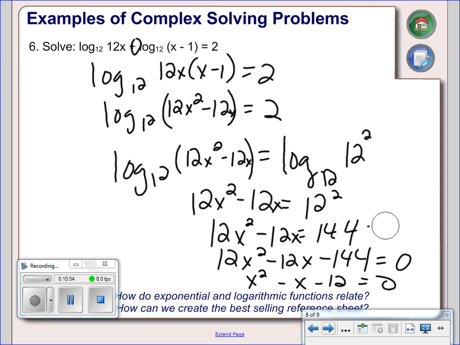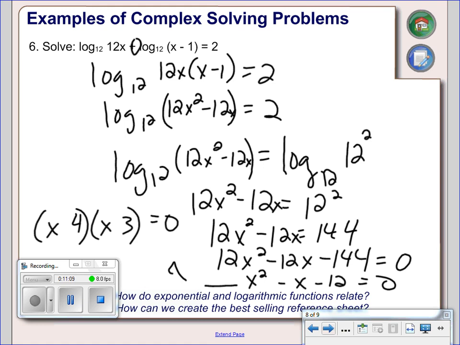Not this one. And so now I'm running out of room. Let me go over here. I'll make two factors. So I'll have x and I'll have x. And for 12, 4 and 3 make 12, but 4 minus 3 makes 1. I'll make the negative on the 4 and the positive on the 3.